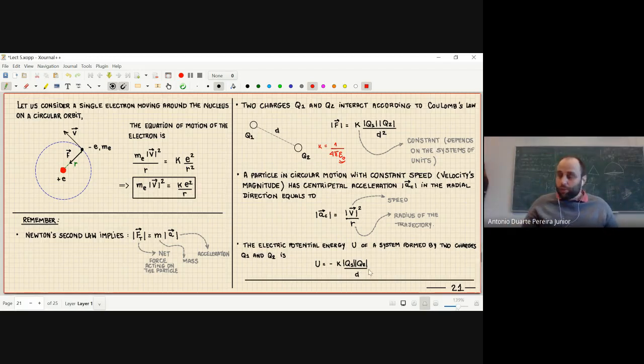Here I am assuming that the potential energy at infinity will vanish. I'm just taking a reference where I say that the potential energy is 0 at infinity, as I can say that the gravitational potential energy of this pen with respect to the ground of my office here is 0.